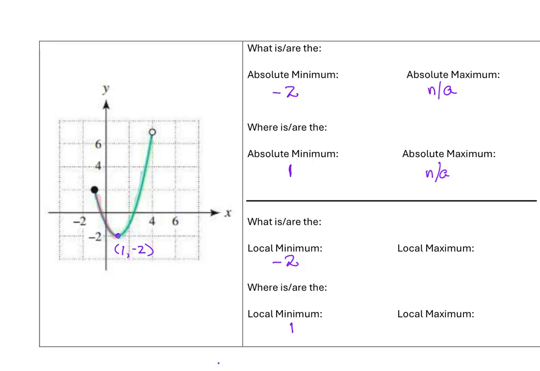And again, we do not have any local maximums, even though we do have a highest point here in the area on the left. It doesn't qualify because we don't have an increasing and decreasing on either side. And same thing, we have a ghost point up here, and so it doesn't qualify either.